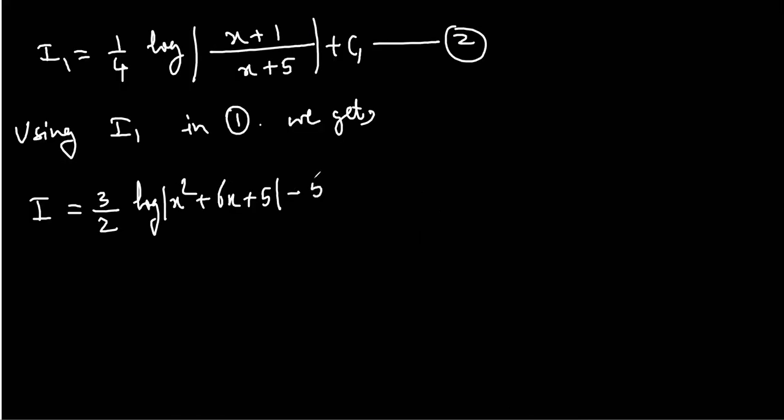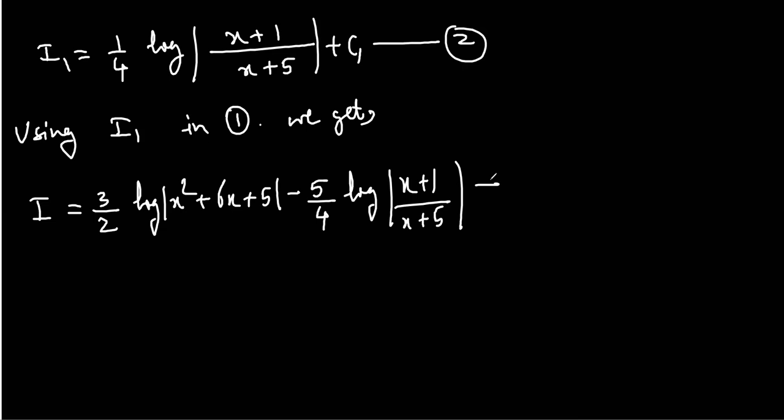So minus 5 and I1 is this whole thing. Here I write minus 5 by 4 log of x plus 1 upon x plus 5, plus c1, which when you multiply by minus 5 is minus 5 c1.